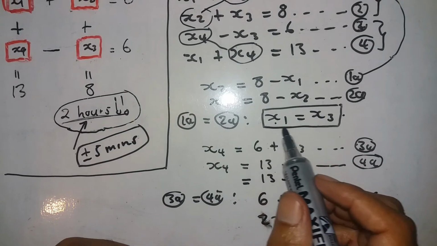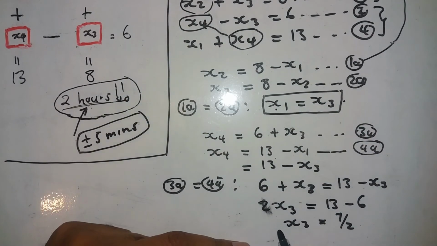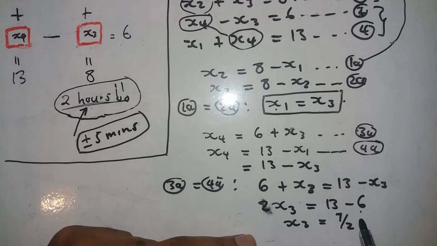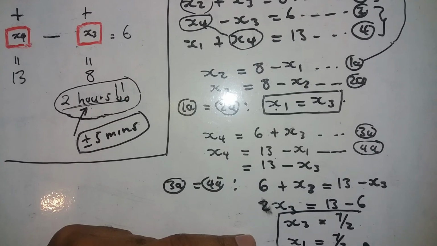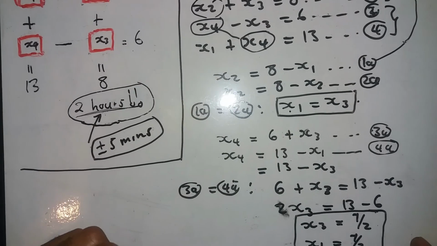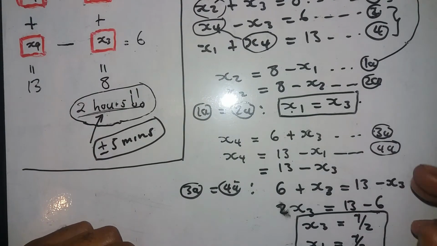From the earlier statement we see that x3 is equal to x1, so x1 and x3 have the same value, 7 over 2.